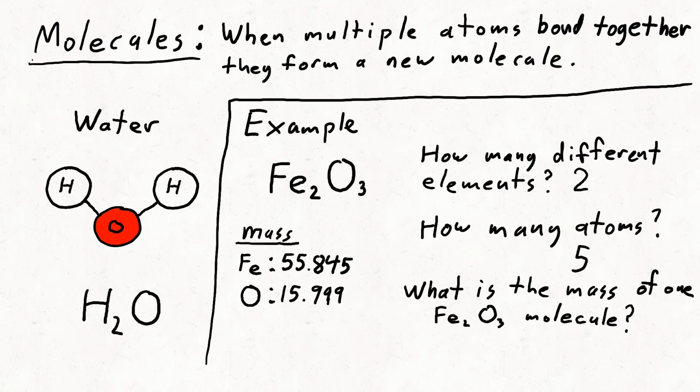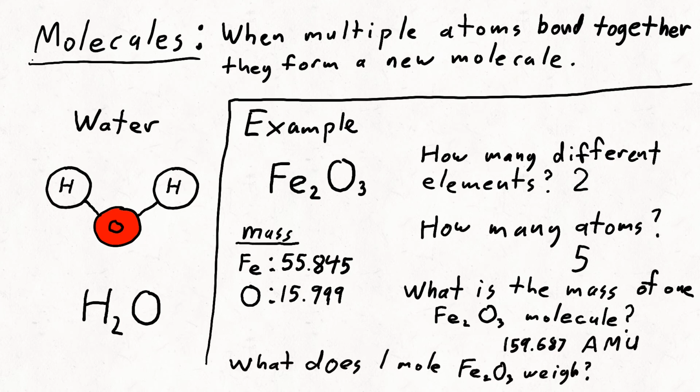Looking at the chemical formula, we see there are 2 Fe's and 3 O's. The 2 Fe's have an atomic mass of 55.845 and 3 O's have a mass of 15.999. Just multiply and add to get a total mass of 159.687. But to give that number any meaning, we need to know the unit. Since we are talking about a single molecule, the unit will be AMU.